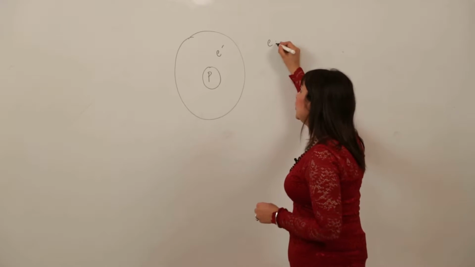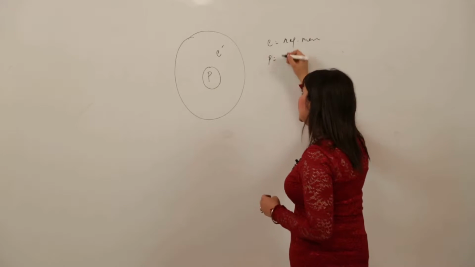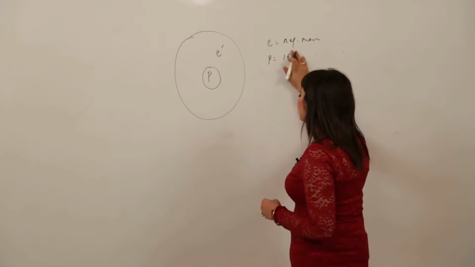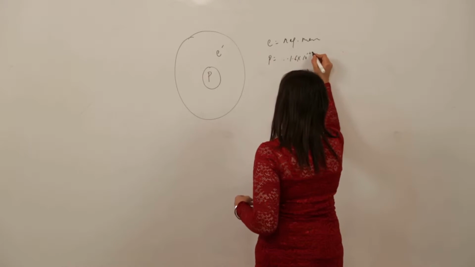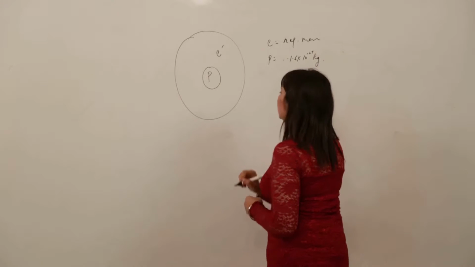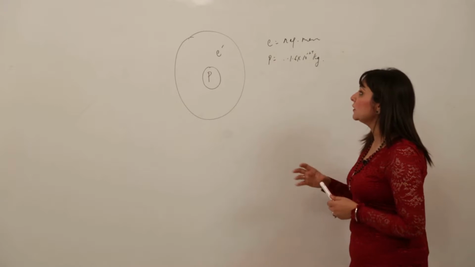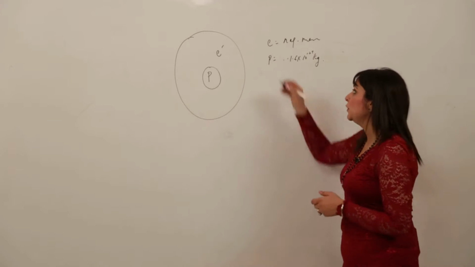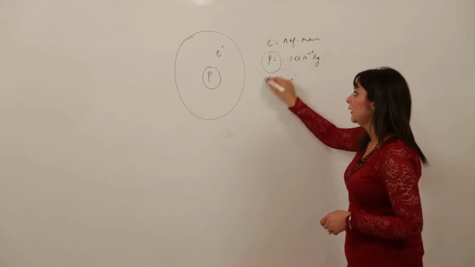We know the electron has almost negligible mass and the proton has a huge mass compared to the electron, that is 1.6 into 10 raised to power minus 27 kg, right. So the whole mass of the atom must be due to the proton only, the whole mass of the atom must be due to the nucleus only, right.